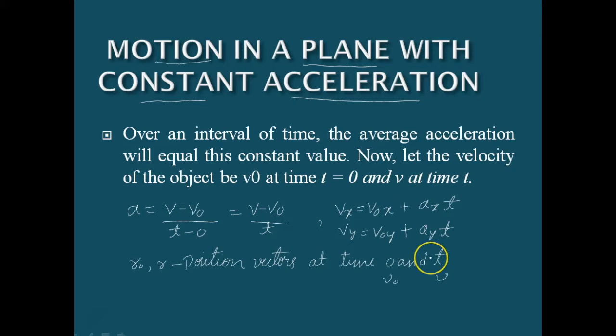Then over this time interval t, the average velocity is (v0 + v)/2, isn't it? The displacement is the average velocity multiplied by the time interval, so r − r0 is the average velocity multiplied with the time interval.